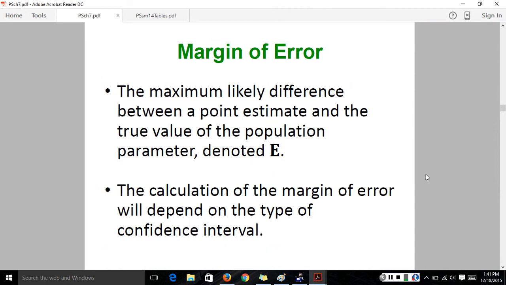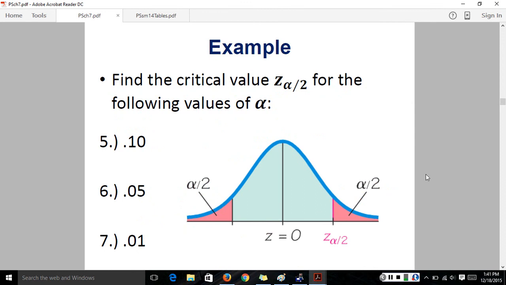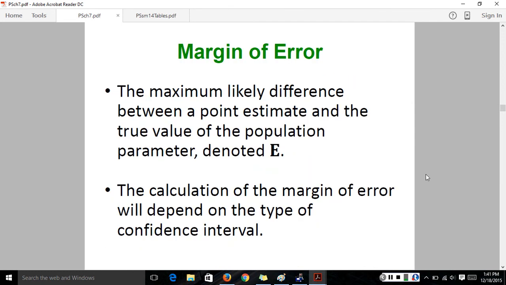Well, to make a confidence interval, we need the point estimate, which we now know how to find. We need the critical values and the confidence levels, which we now know how to find. All that's left is the margin of error. A margin of error is the maximum likely difference between a point estimate, that's the center of the range, and the true value of the population parameter, and it's denoted with a capital E. The calculation of the margin of error depends on the type of confidence interval you're constructing.